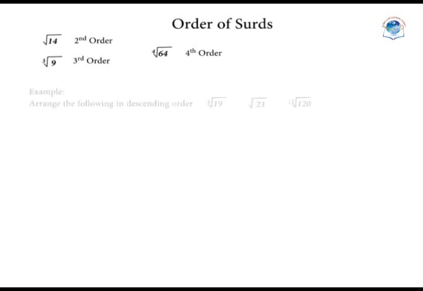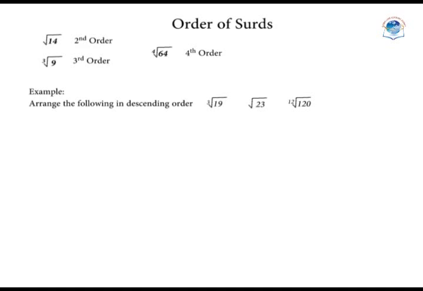For example, arrange the following surds in descending order: cube root of 19, root 23, and fourth root of 120. In the solution, the orders are 3 for cube root of 19, 2 for root 23, and 4 for fourth root of 120.